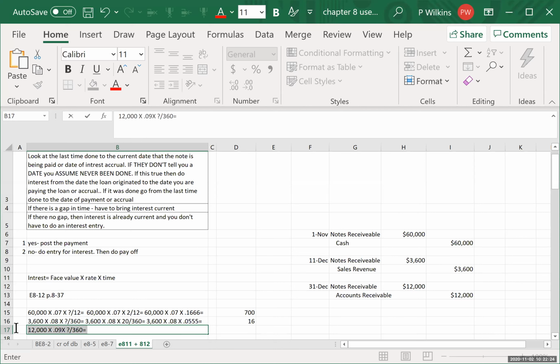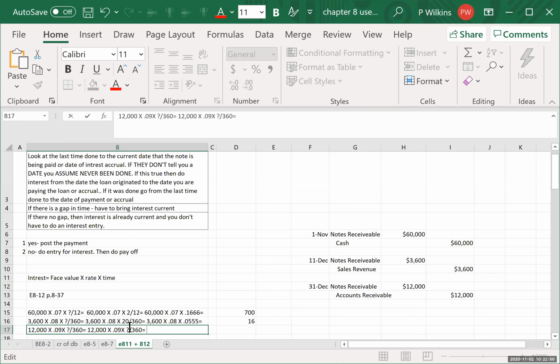We go back to the rule that says, when was the last time interest was done? They don't tell us, so we assume it's never been done. So we go from the date that the loan originated to the date that we're doing the interest.